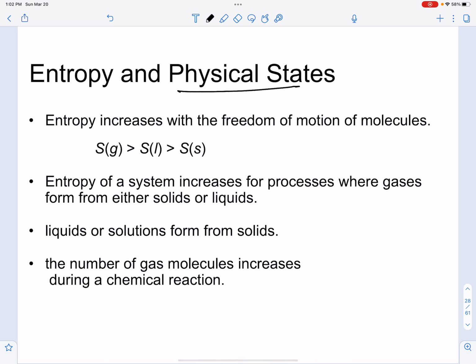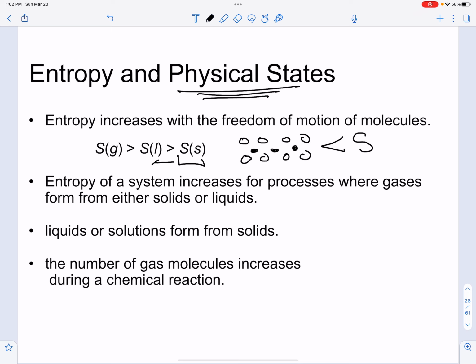Physical state, you already know that. On a solid, the molecules are going to be set up on a fixed lattice. So they're very organized. Very organized means low entropy, right? Because entropy is disorder.